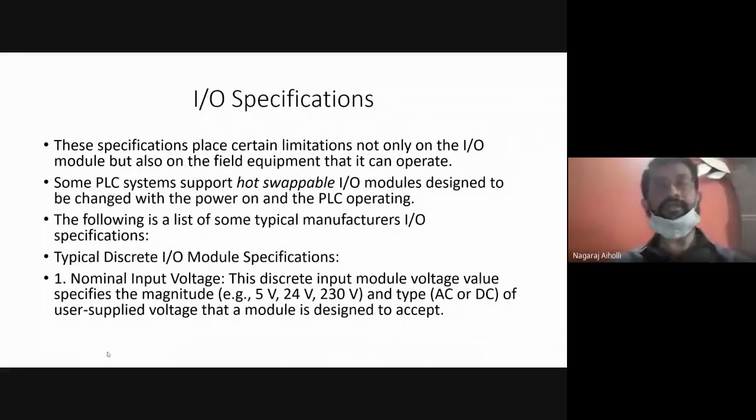Limitations means, here it is not a disadvantage. Don't take it in that way. Sometimes we use the word limitation to mean disadvantage, but it is not that limitation. Limitation means a limit. For example, certain input output modules can only operate between 0 to 24 volts. There are certain input modules which can operate in the range between 0 to 230 volts maximum, and similarly with the field equipment also.